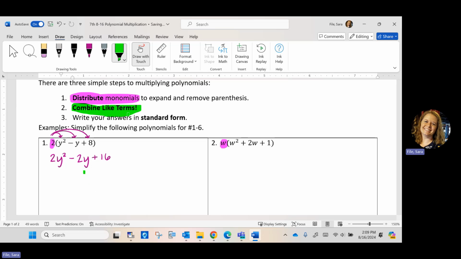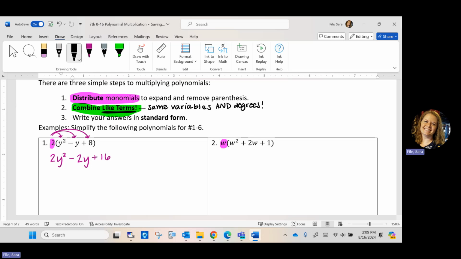They are not like terms. They have to have the same variables and degrees on those variables to be considered like terms. If you need to make a note of what that means, like terms have to have the same variables and degrees or exponents on those variables.